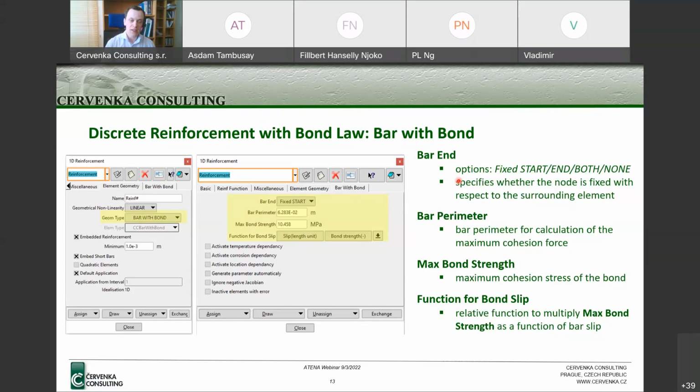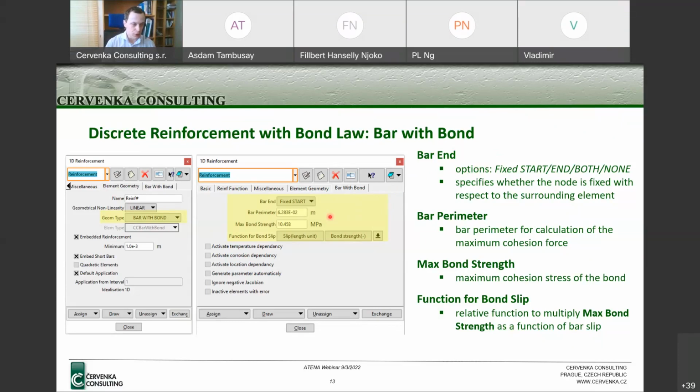This simply says whether the end node can slip or not. If we fix the last node or the first node, the slip function will not be applied.